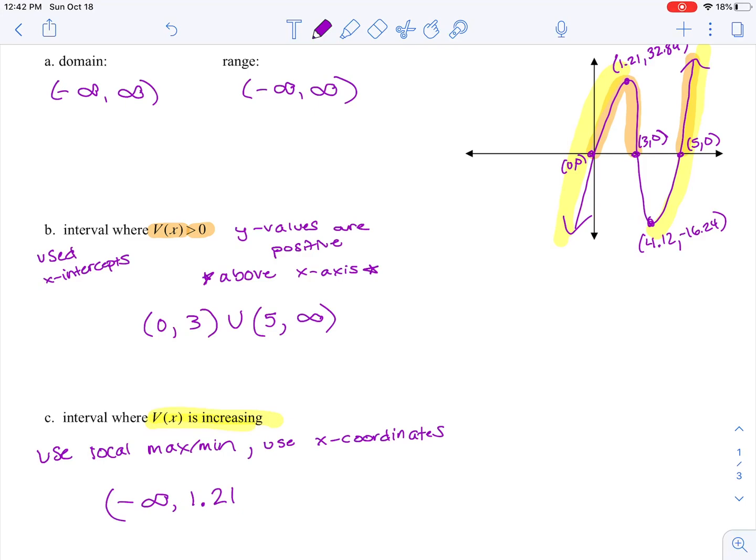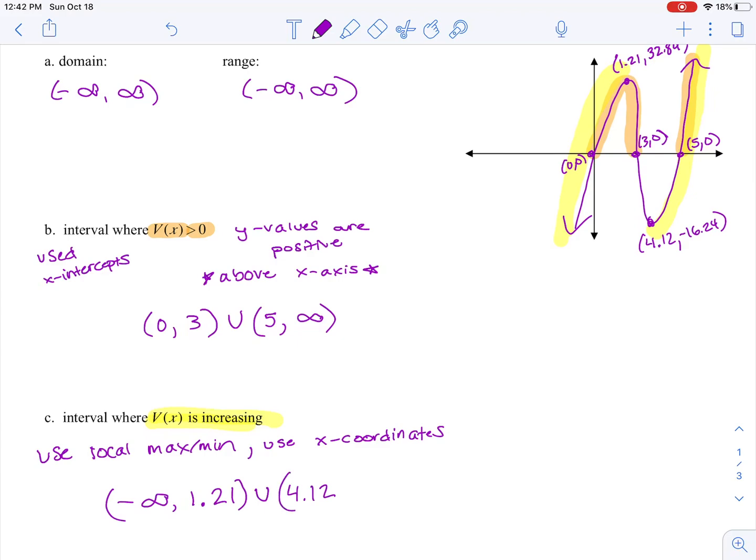Now I have to ask myself, is it increasing when x is 1.21? We can't say that it's increasing because it's also making a turn to become decreasing, right? So it's really not increasing or decreasing there. So I'm going to use a parenthesis. I'm not going to include 1.21. And then it's increasing again starting over here when x is 4.12.